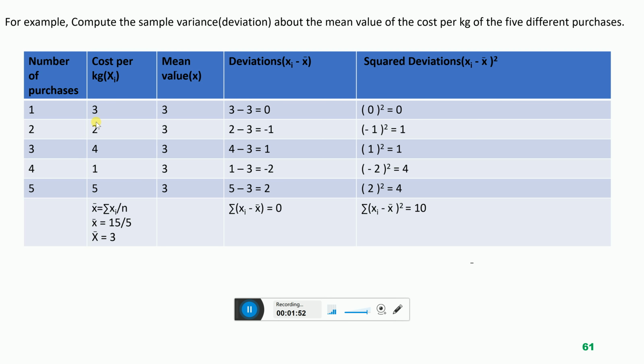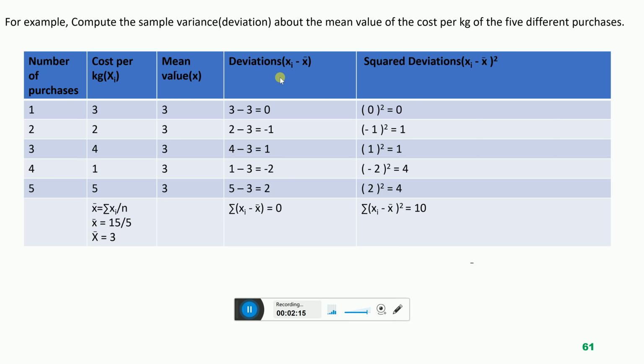So what is the arithmetic mean of these 5 data items? That is 3. By adding together the data items and dividing by the number of data items: 15 divided by 5, and we compute the mean value 3.